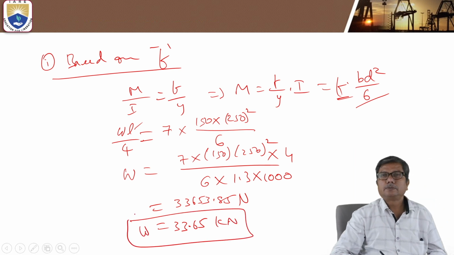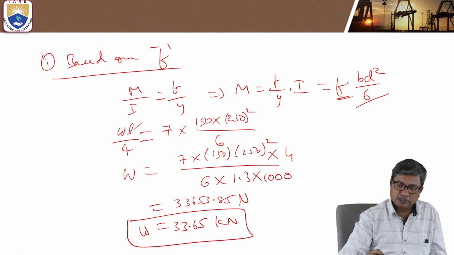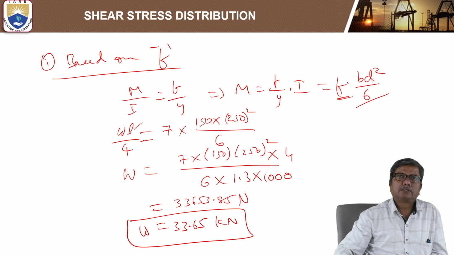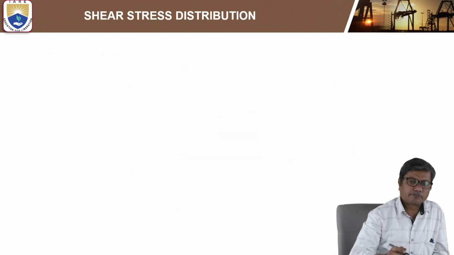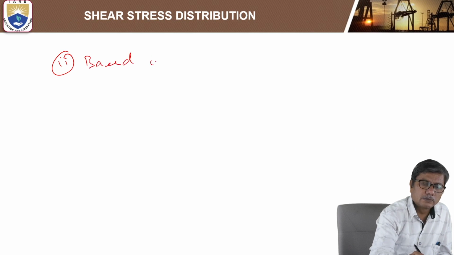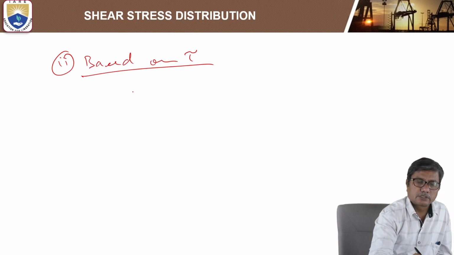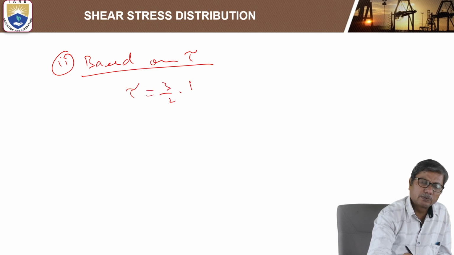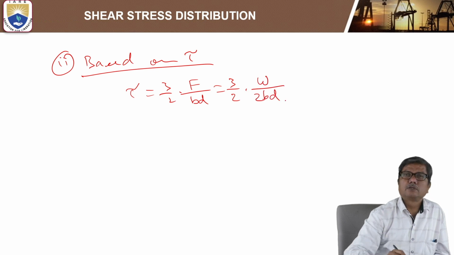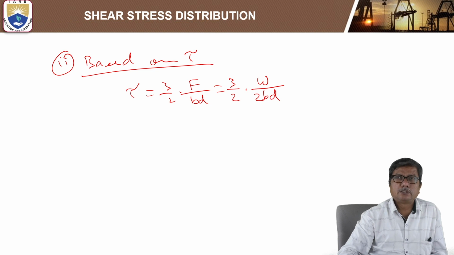So this is the load based on limiting bending stress. And based on limiting shear stress, tau is 3 by 2 into F by BD, where F is W by 2. The shear force is W by 2.